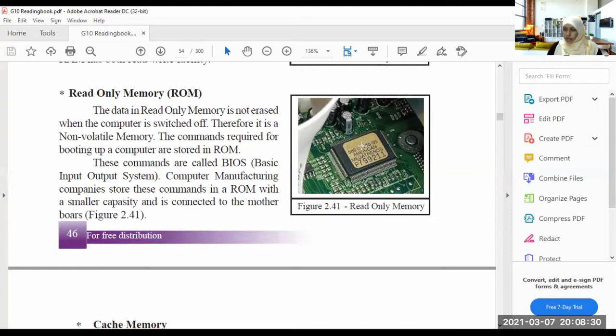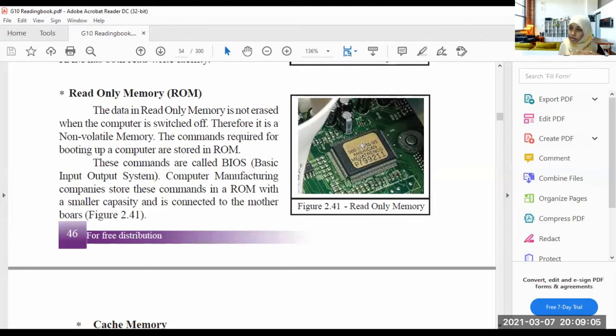Now you understand what a ROM is. A ROM is a memory which is not erased. For that we call it non-volatile memory. What is written inside this non-volatile memory are the commands which are required to boot up the computer, and these commands are called BIOS, basic input output system.